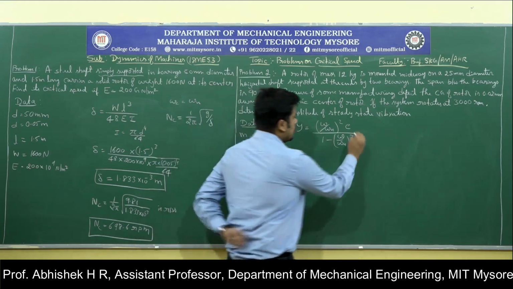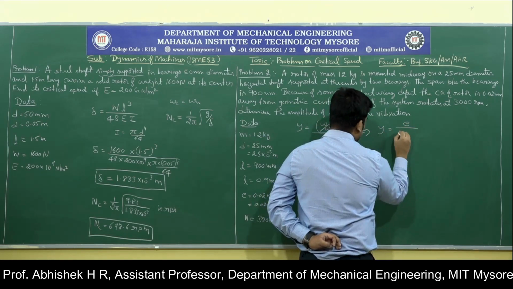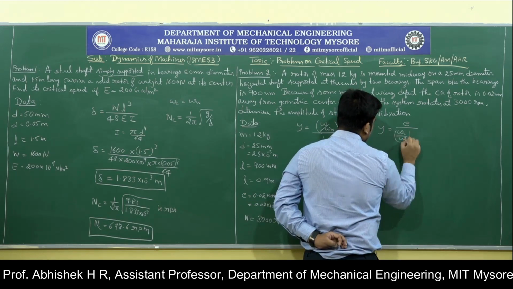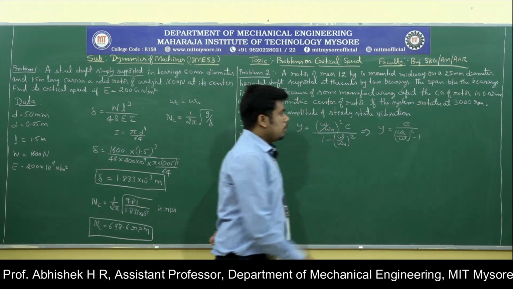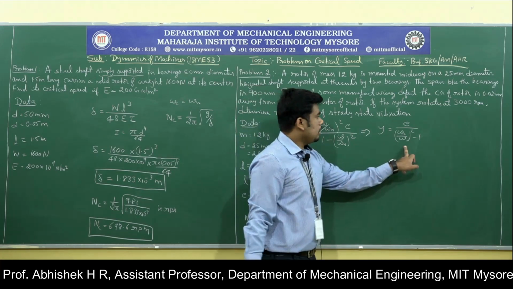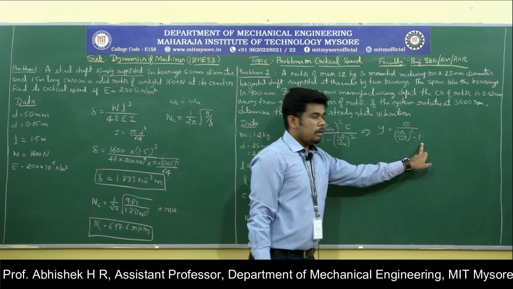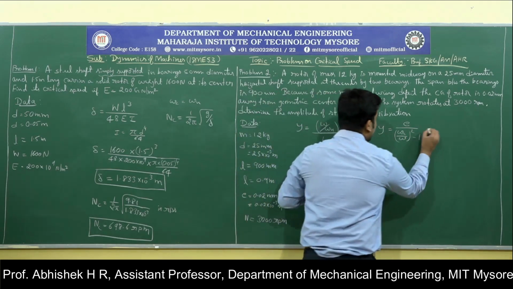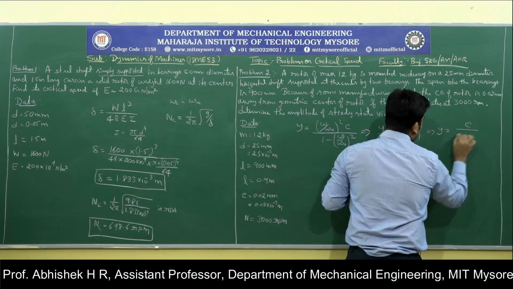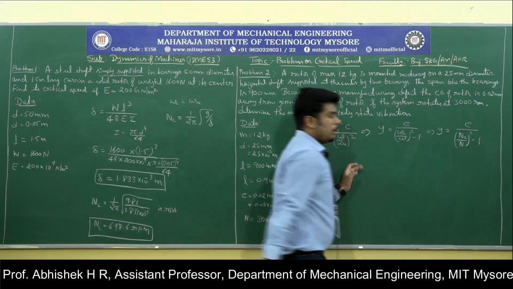This we can also write as y is equal to e divided by (omega c by omega) whole square minus 1. Further we can write it as y is equal to e divided by (Nc by N) whole square minus 1.